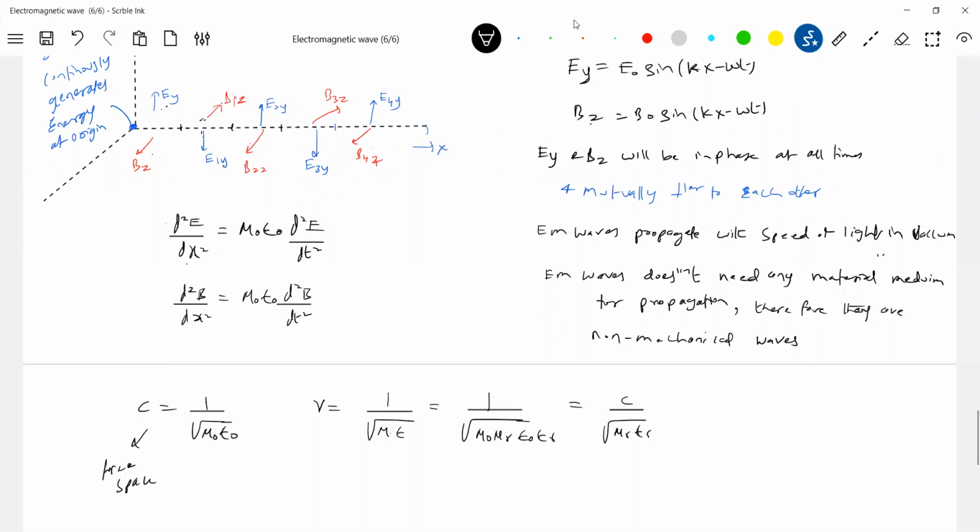So what is this? The speed of EM wave in any material medium. Okay, so like this, finally he was able to say that all these conditions. Okay, now, sir, how do that?